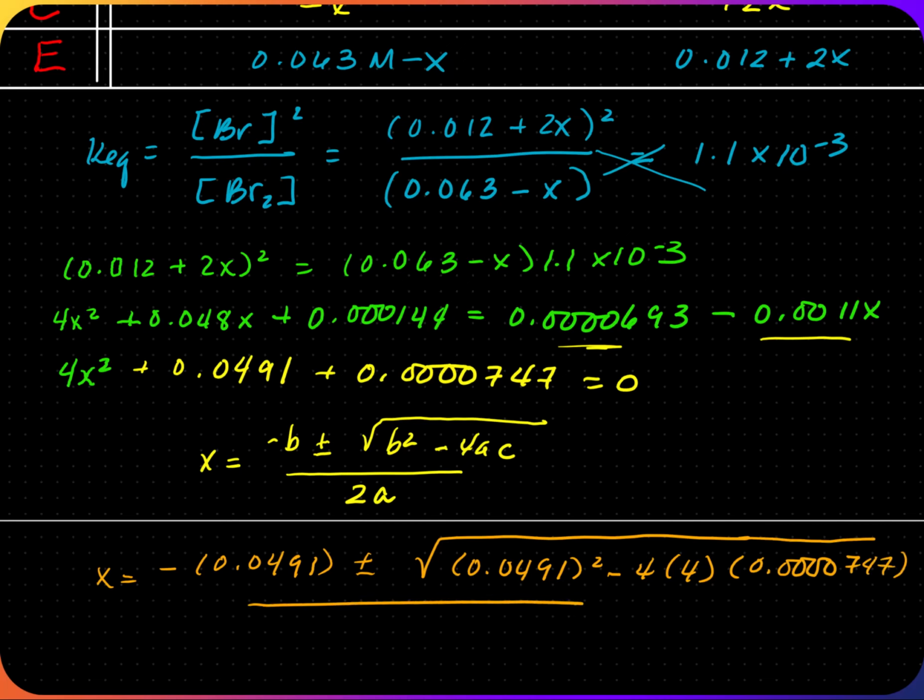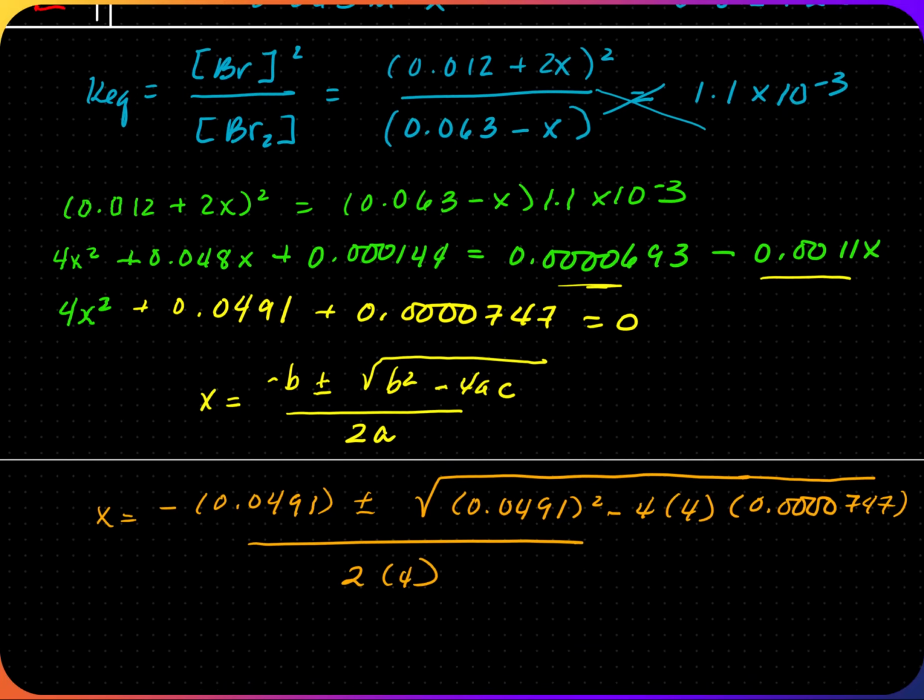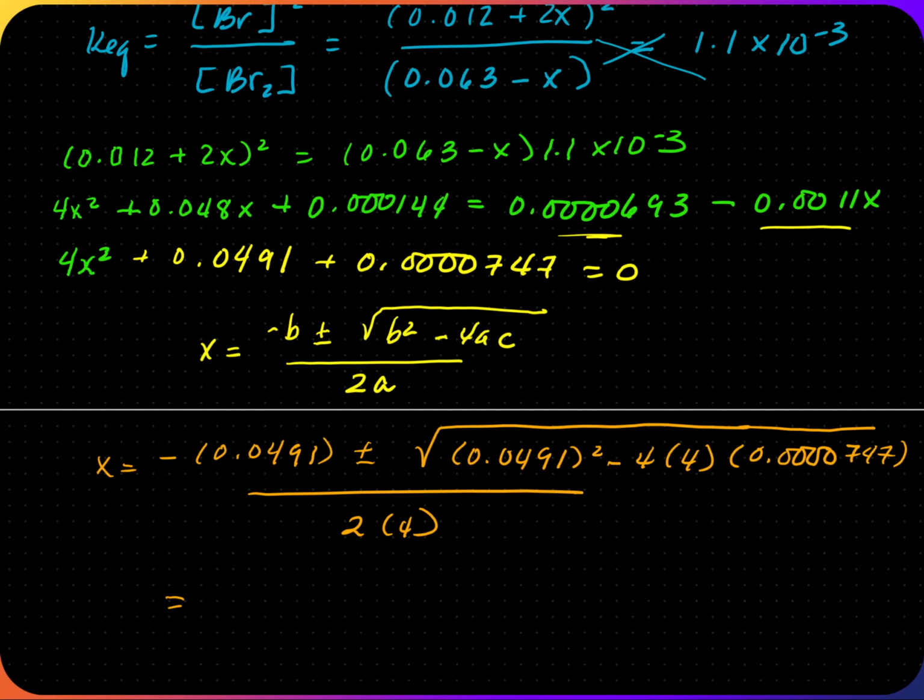The entire thing divided by 2 times a, which is 4. If you work this out, you should get two answers. One is negative 0.0105 and the other one is negative 0.00178. So in this case, you got two negative answers.